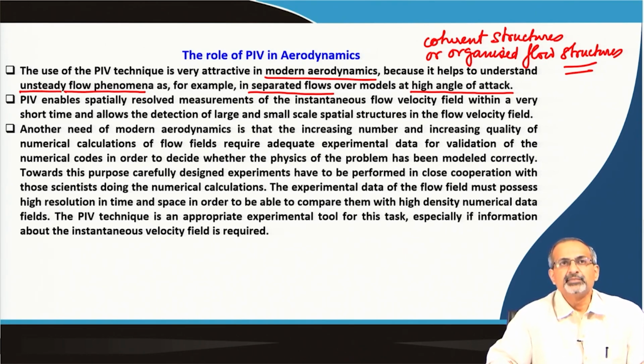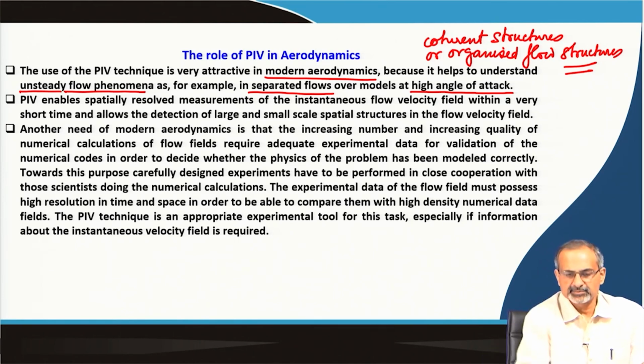PIV enables spatially resolved measurements of the instantaneous flow velocity field within a very short time, and it allows the detection of large and small scale spatial structures. So, the structures again are not necessarily only large ones, but they comprise a mix of large and small scale structures.